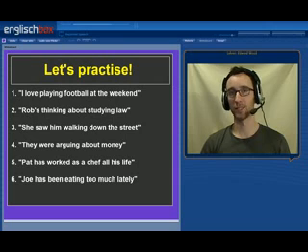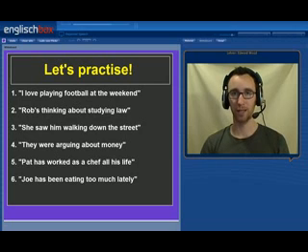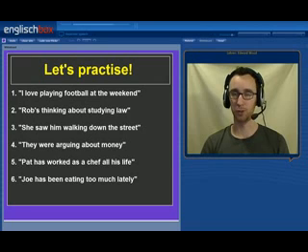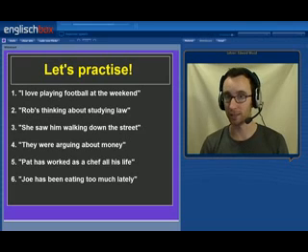So now let's practice. Here we have 6 sentences in different tenses, and you have to change these sentences into reported speech. Number 1 is in present simple, so you need to change this into past simple. Number 2 is in present continuous, you need to change this to past continuous. Number 3 is in past simple, so you need to change this to past perfect simple.